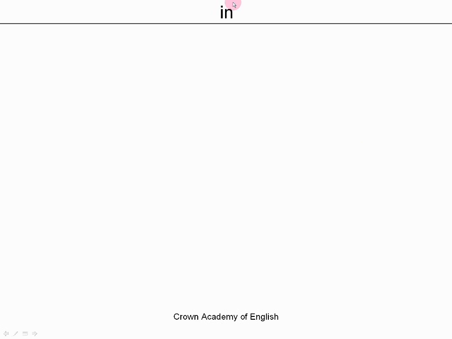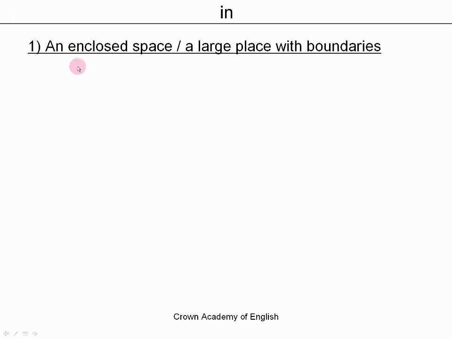And now let's look at the word in. So in we use for an enclosed space or a large place which has boundaries around it. Example, in the bag, in the bedroom. We can say the bed is in the bedroom.